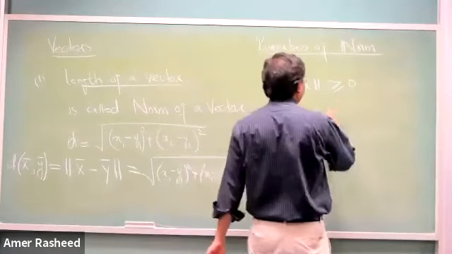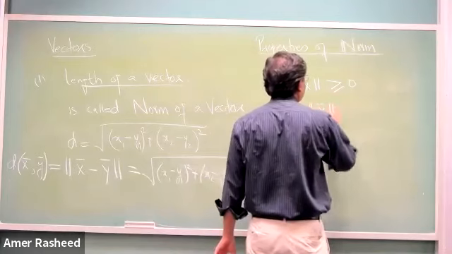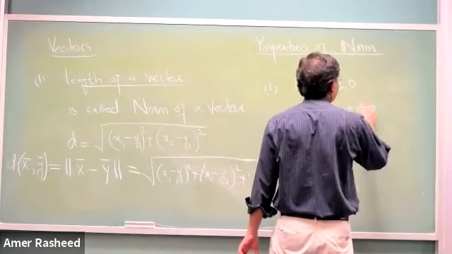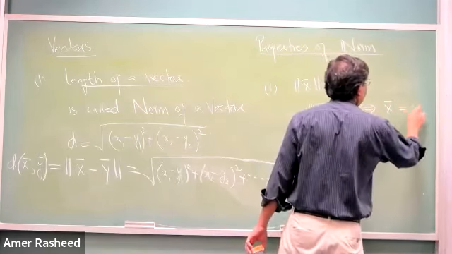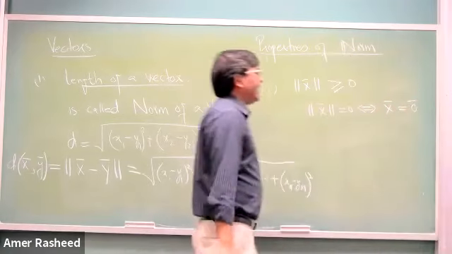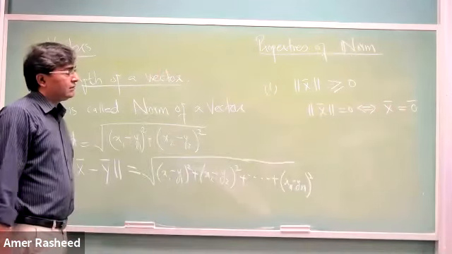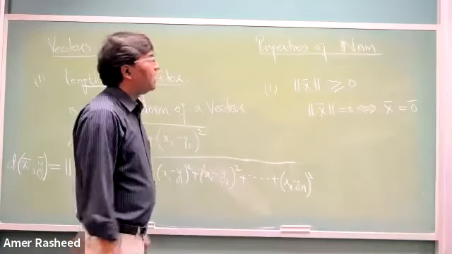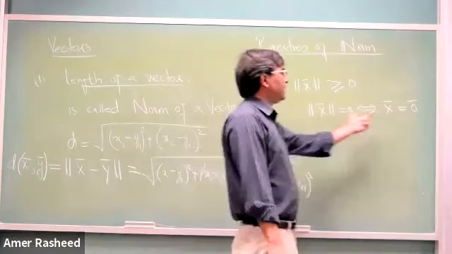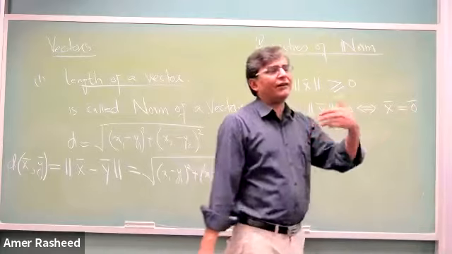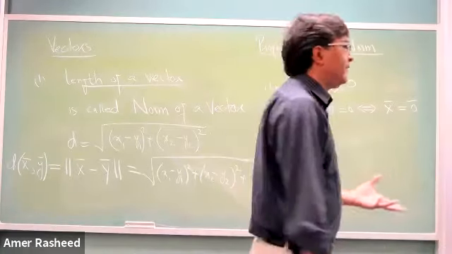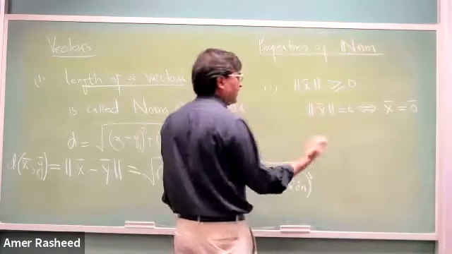So it will always be greater than or equal to 0. And when this is 0, it is only possible when all the components of that vector are 0. The length of a 0 vector is only 0. Otherwise, if you have a non-zero vector, its length must be greater than 0. This is the first property.